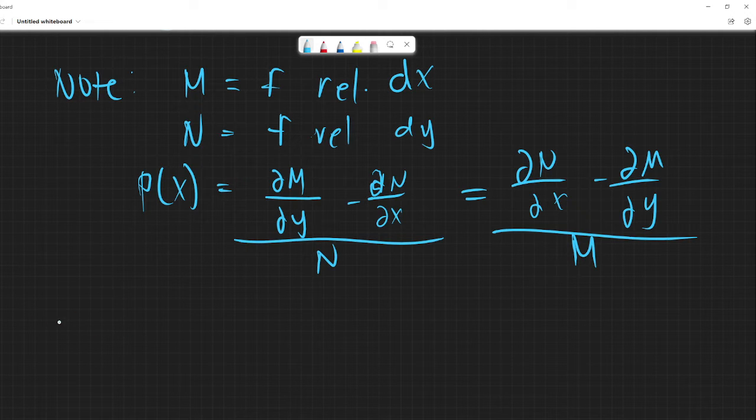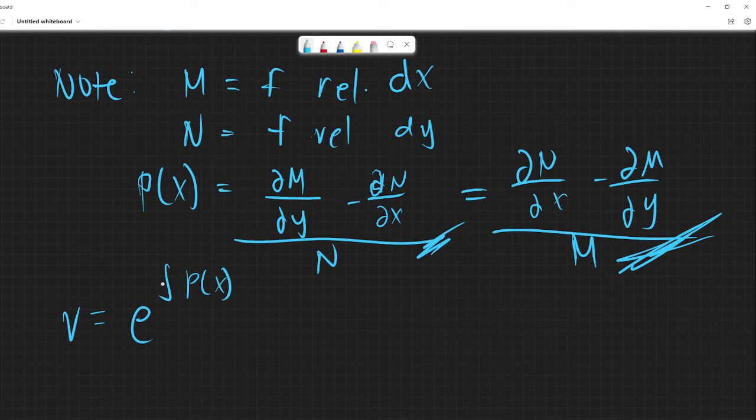The integrating factor is given by the formula e raised to the integral of P of x. So whatever you get from here or here, just integrate it and raise it.